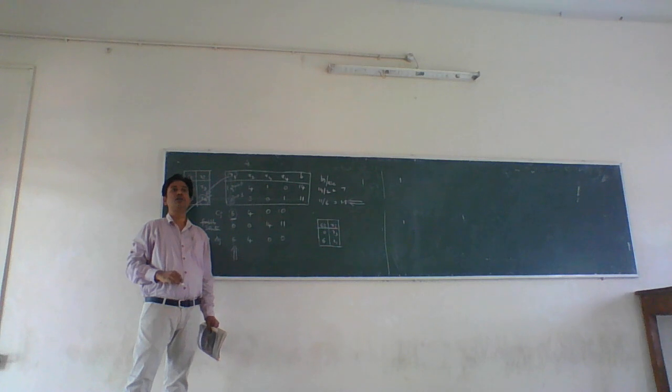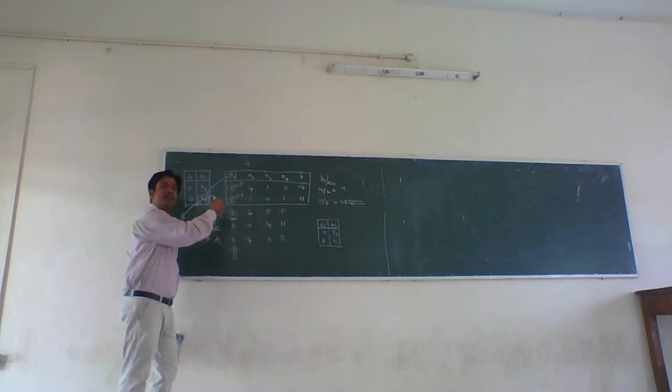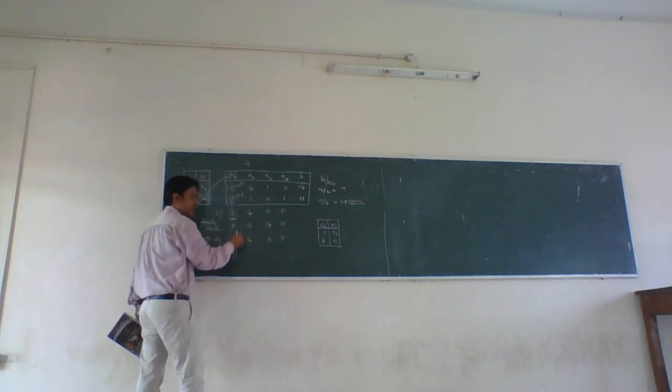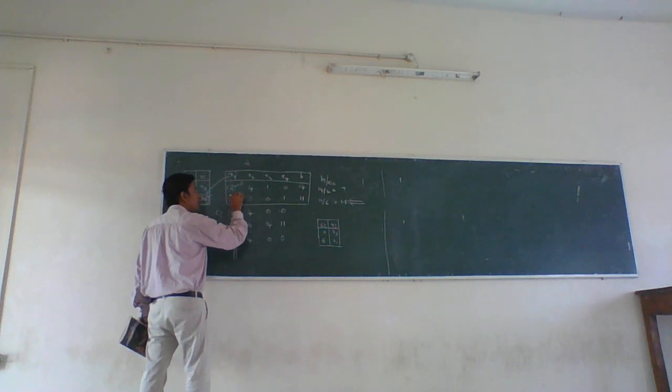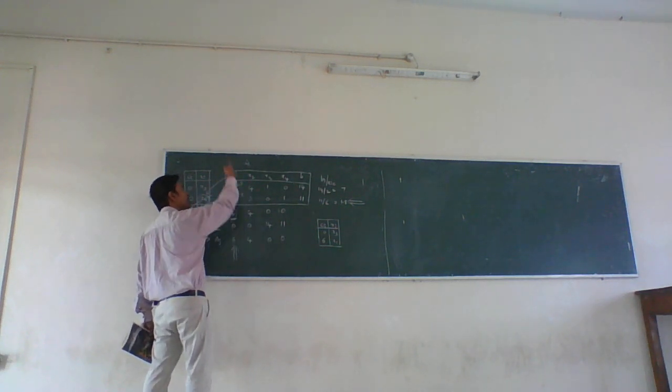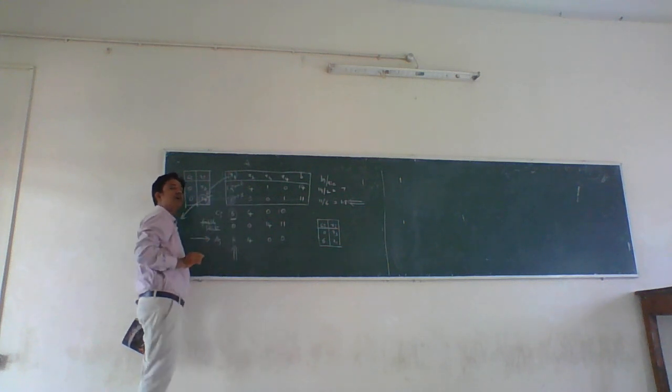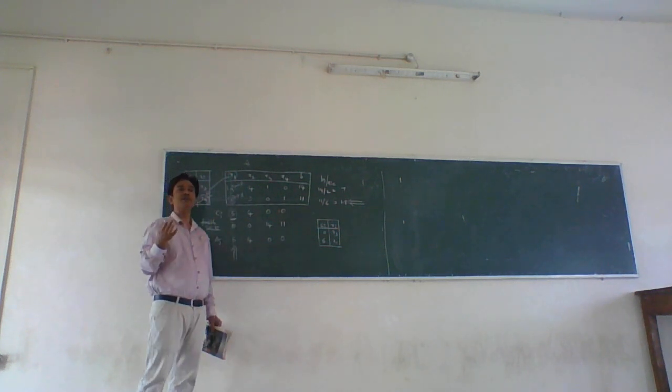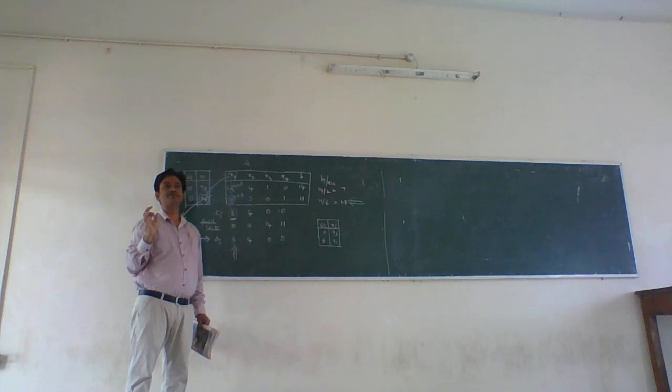The entering and the departing row variable should be made 1 and the rest of them, whatever may be there, should be made 0. In that way the table is modified by row manipulations.